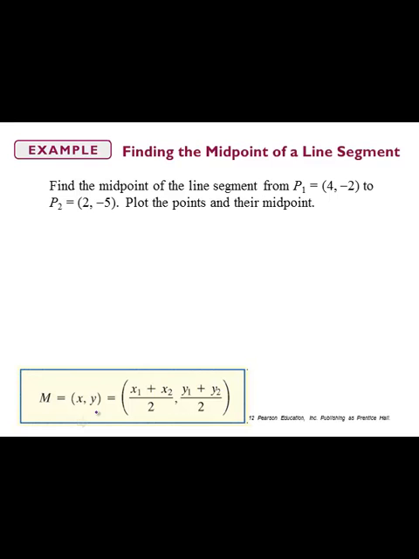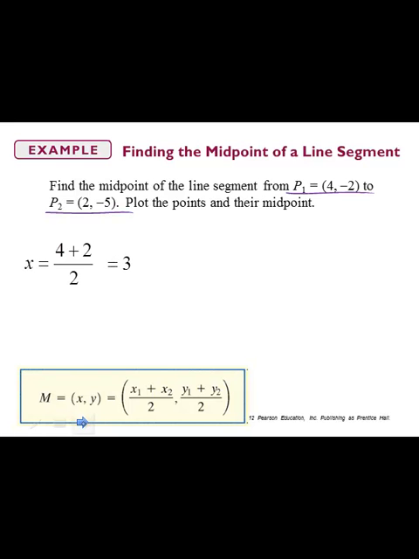Okay, so let's go ahead and put this into action here. Suppose that we've got point P1 with coordinates 4, negative 2, and P2 with coordinates 2, negative 5. What are the coordinates of the midpoint? Well, take the average of the x coordinates, 4 plus 2, which is 6, divided by 2, which is 3.